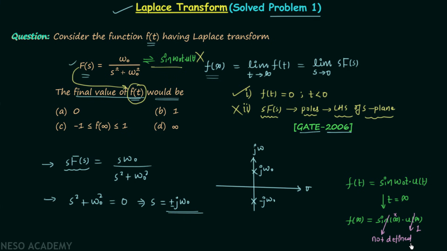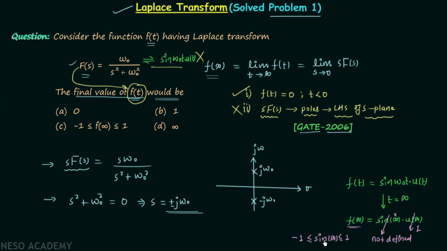But we know one thing for sure, that sine infinity will have value between -1 and 1, and sine infinity is nothing but our function f(t) when t is equal to infinity, or we can say the final value of function f(t).